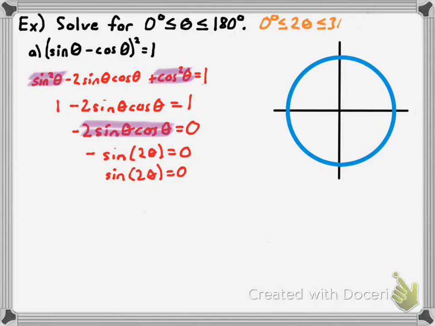So we want to look over the entirety of the unit circle from 0 to 360 and determine where the sine equals 0. And that's going to be in 3 locations. At 0 degrees, you get a sine that's equal to 0, at 180 degrees, and then again at 360 degrees. And so all of those angles tell us what 2 theta is equal to.